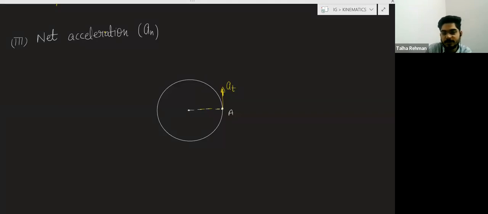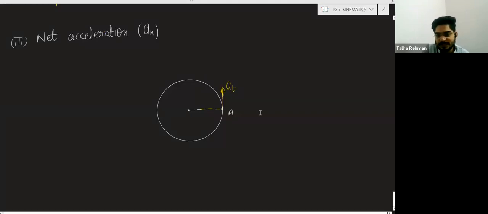Tangential acceleration will be in the direction of the tangential velocity, so it will be the tangent at this point, because I want to calculate the total acceleration at this point A.